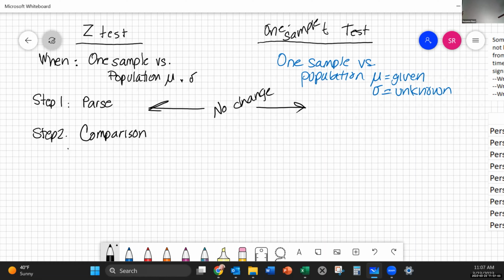So first off, the shape in the z-test is the z distribution, which is that normal bell-shaped curve.